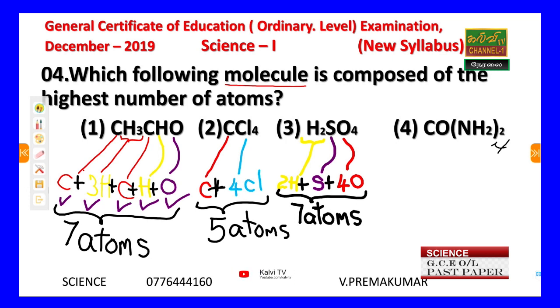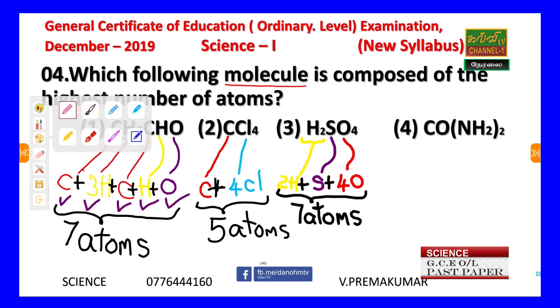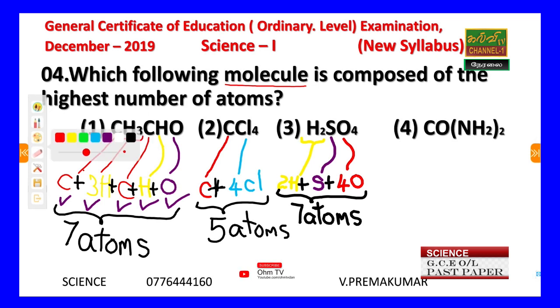Then we have CO(NH2)2, which is called urea. The formula of urea is CO(NH2)2. Now we would like to count the atoms. How many C? 1 C. And oxygen, 1 oxygen. Now we will count the nitrogen.